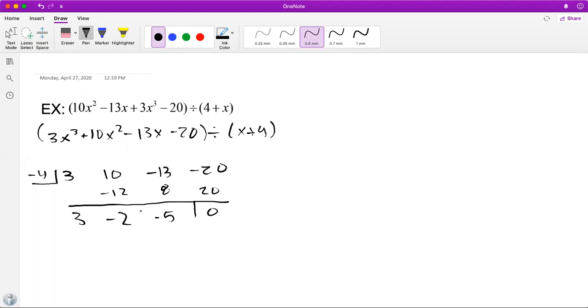So this dividend, remember, no x's, 1 x, 2 x's. Doesn't matter the order I write it in, but I'm going to write it in descending order because that's better. 3x cubed plus 10x squared minus 13x minus 20 divided by x plus 4 equals, and this is my quotient here, 3x squared minus 2x minus 5.